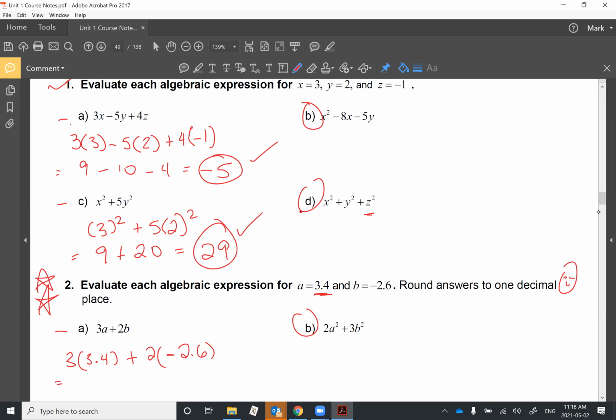Now, you can do this in your calculator. You don't need to do all of this, but I'm going to go baby steps, we'll call it. So, step by step. So I get 10.2 minus 5.2. Perfect. And the answer there should be 5.